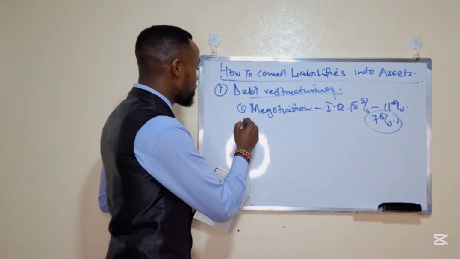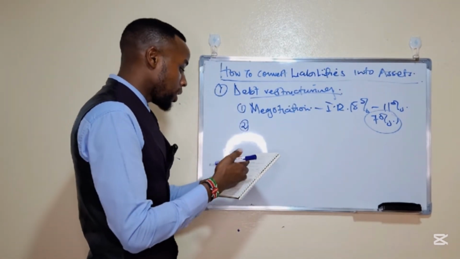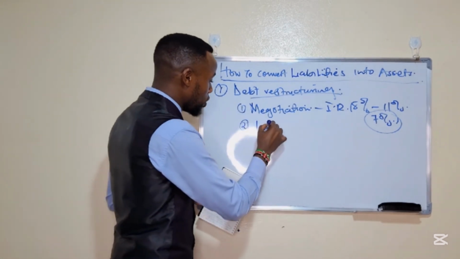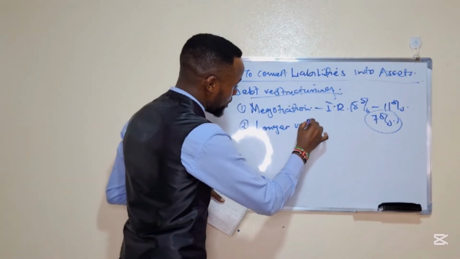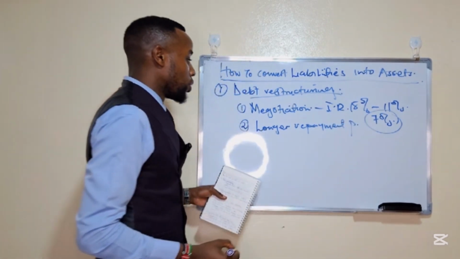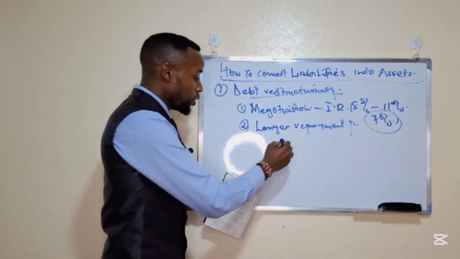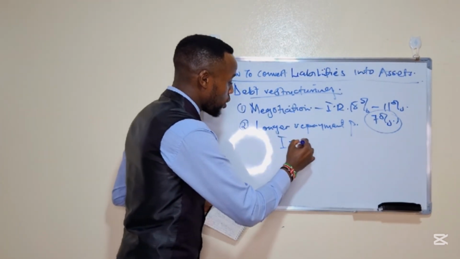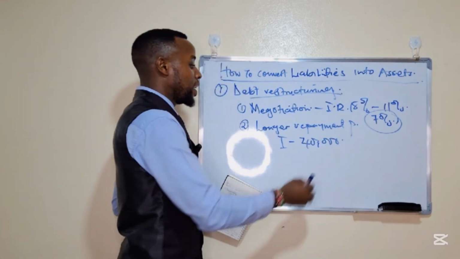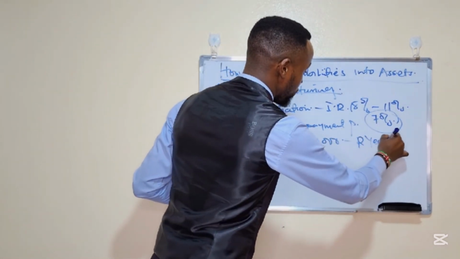The second one, when you talk about debt restructuring, is negotiating for longer repayment periods. For example, if you are paying a debt in installments of 40,000 per month, and you are paying this loan for 2 years, that is 24 months.